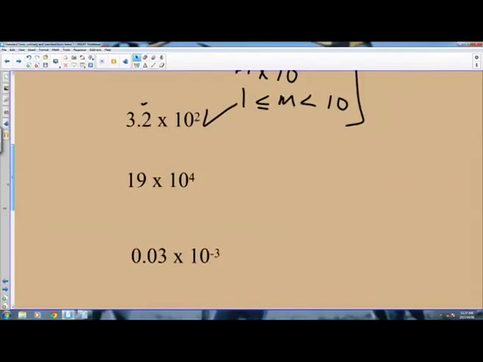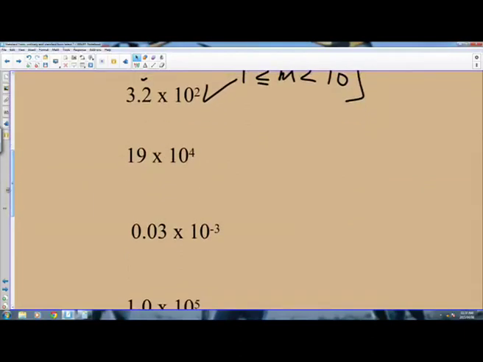Let's check the second one. 19 times 10 to the power 4. We need to check if our conditions are satisfied. m times 10 to the power n, and 1 is less than or equal to m, which is less than 10.